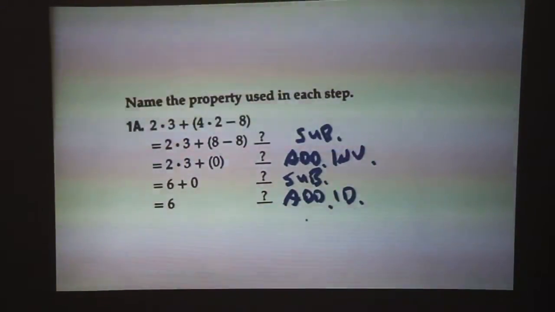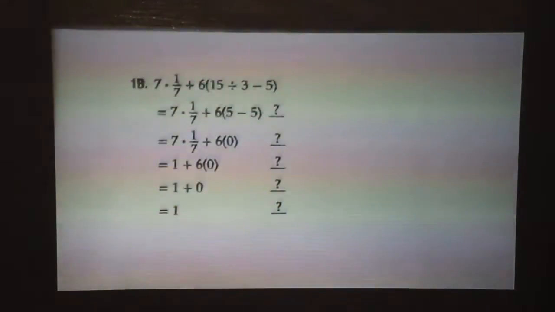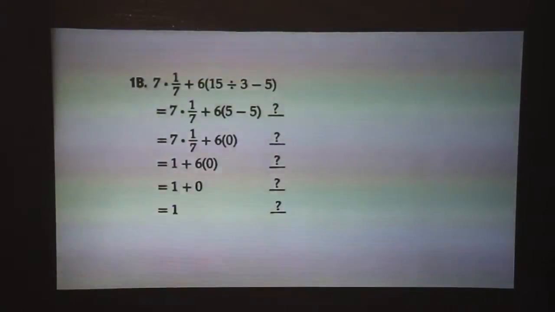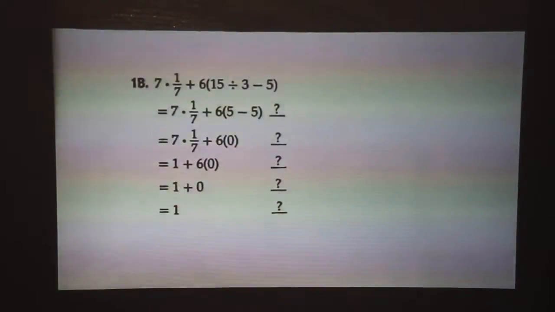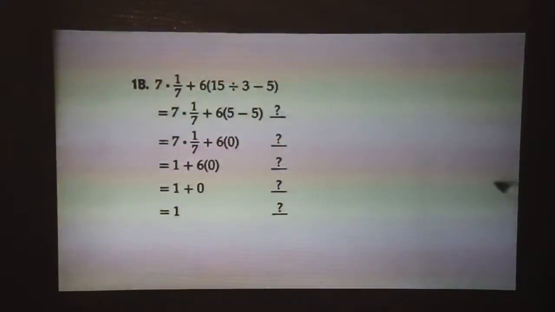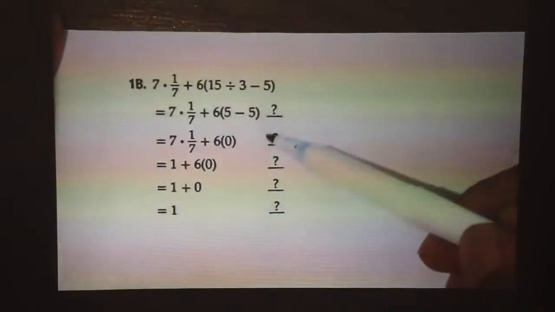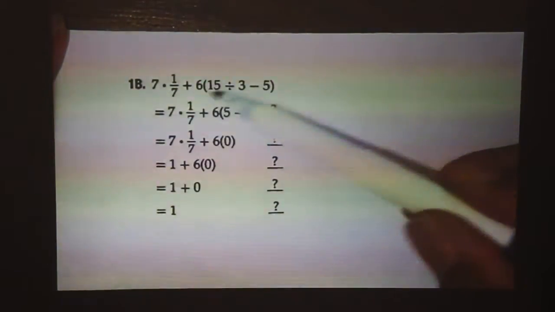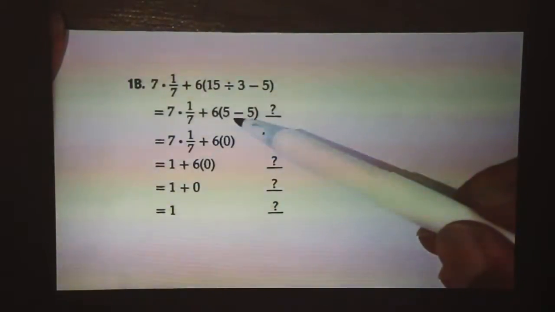Alright, let's look at another example of what that would look like. So here's a little bit more involved example, but nonetheless kind of similar to what we've been doing. I'll give you a minute to hit the space bar to pause and copy the problem down. Alright, and then we'll go ahead and walk through this. So if we look at this problem, again, from the first step to the second step, 15 divided by 3 is equal to 5.